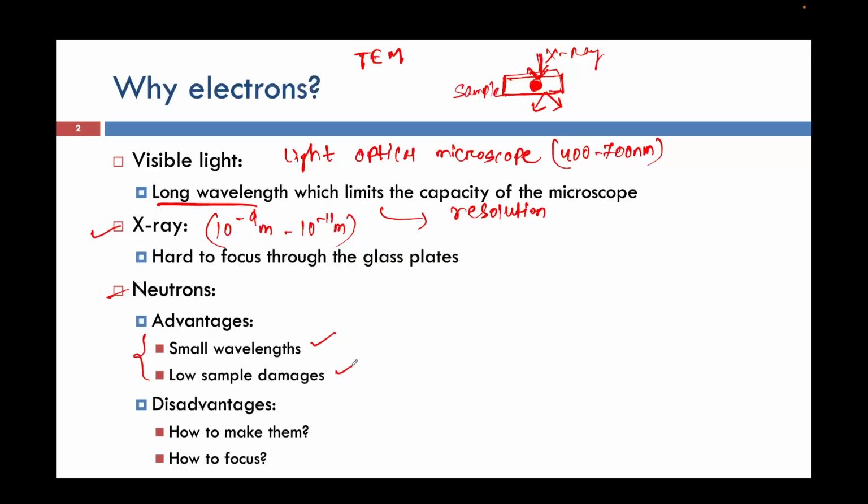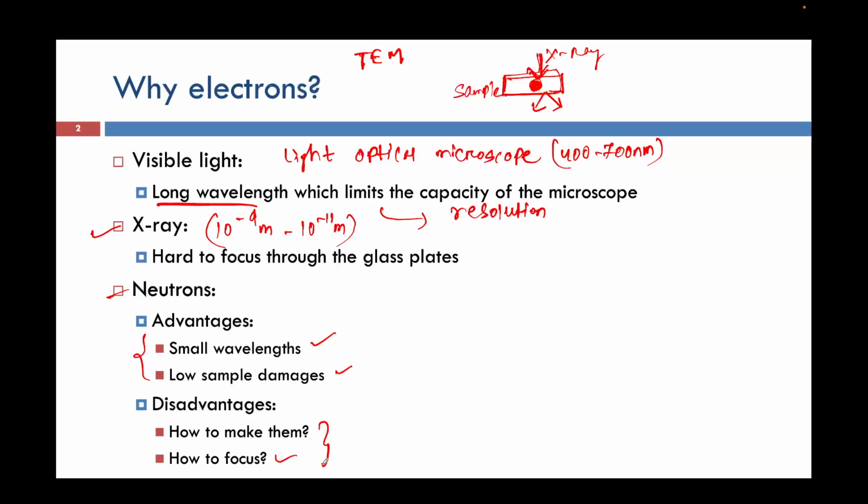Another thing is how to focus the X-rays, how to focus the neutrons. So these are the two major disadvantages for which we are not able to use neutrons as our go-to radiation to analyze our sample.